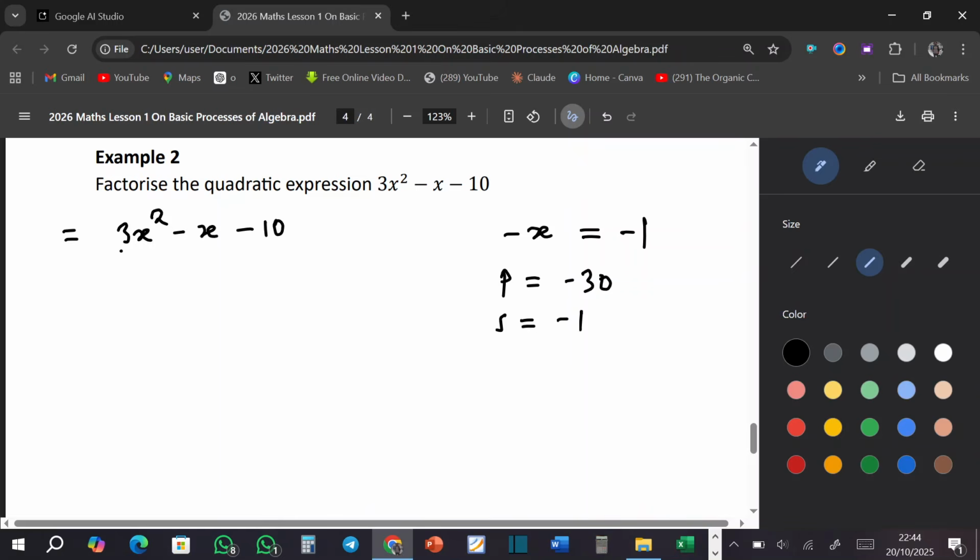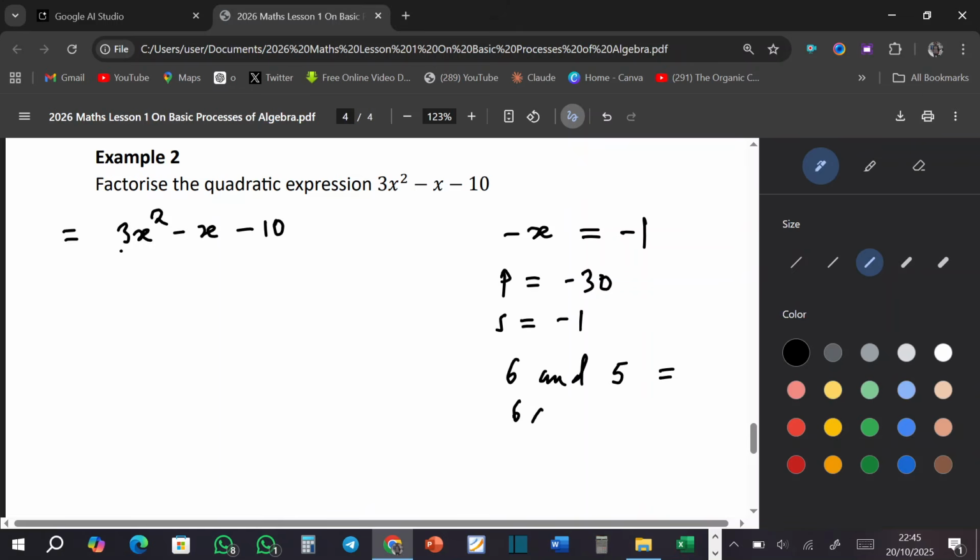So what are these two numbers which when we multiply them, they will give us 30. When we add them, they will give us -1. So let's try 6 and 5. Okay? So 6 times 5, of course, it is 30, right?